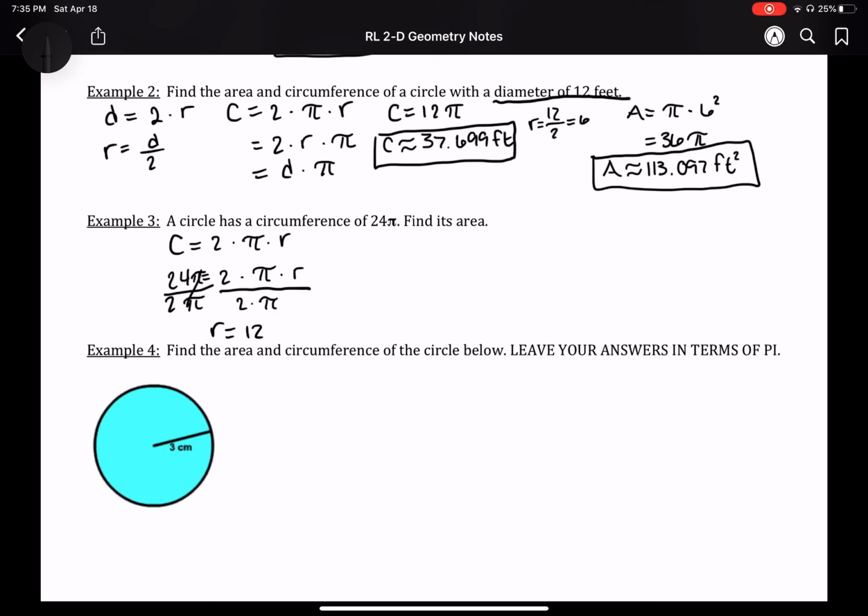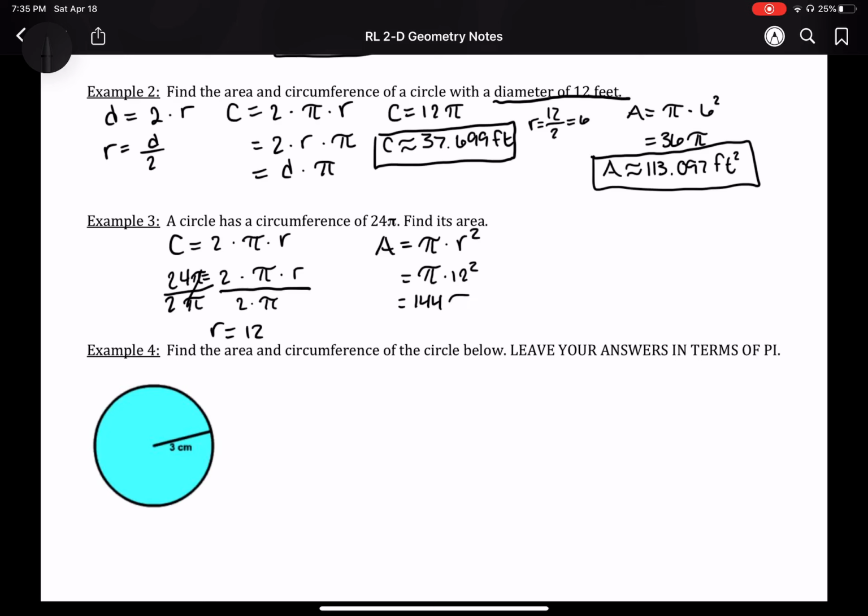Because I now have the radius, I can now find the area. So I have area is equal to pi times r squared. I'm going to go ahead and plug my r in. So I have pi times 12 squared. 12 squared is equal to 144.